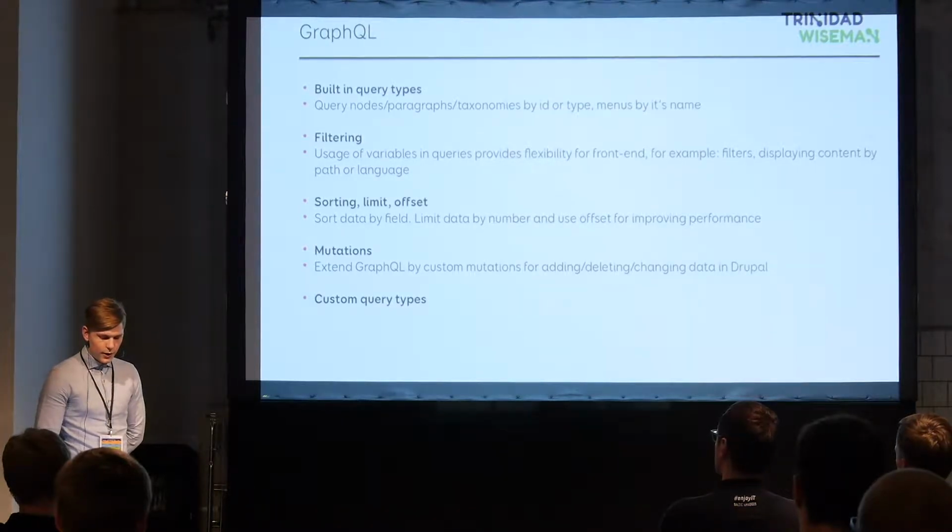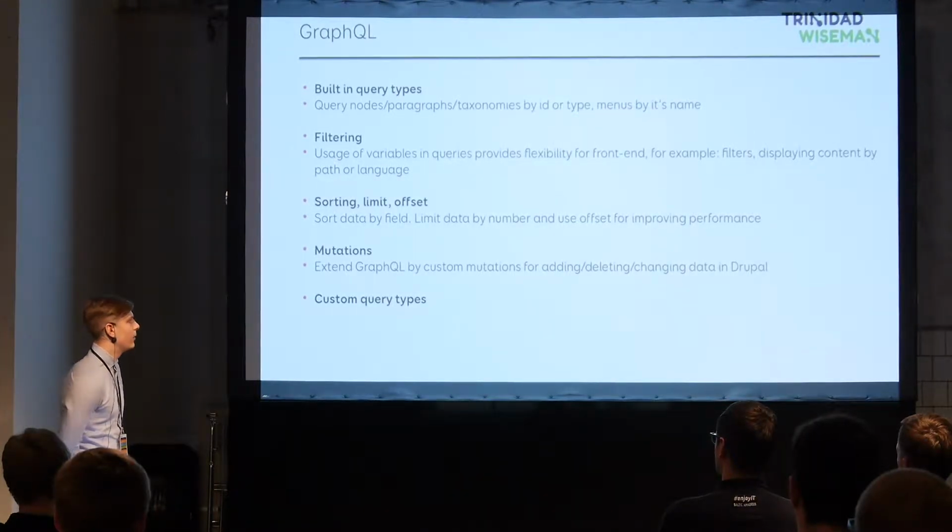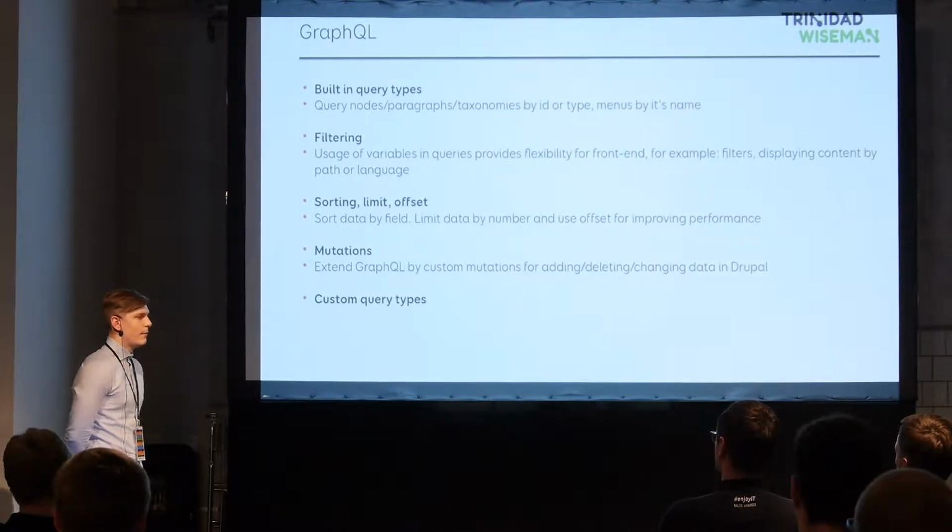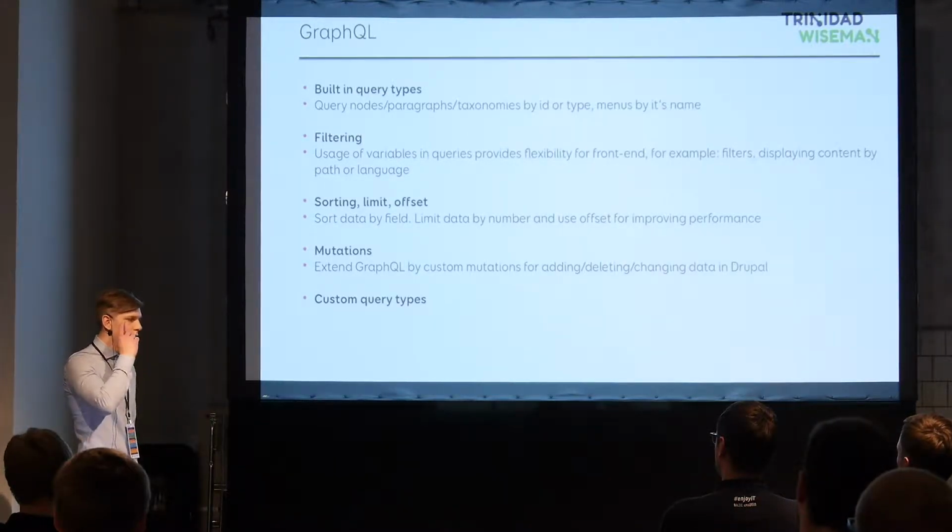And then the custom query types. It has support for writing your own queries. For example, we had some performance issues showing data on a map, which meant that there were many nodes to be queried at the same time, and then we fetched some data from it.